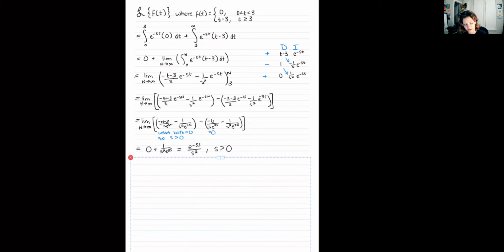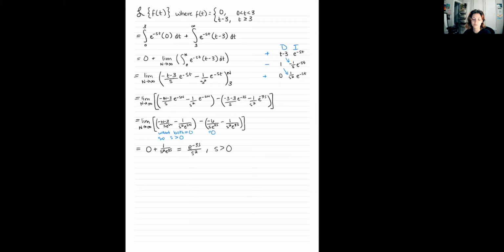And you can see that here. So that first part is just 0, and it's a minus negative 1 over s squared. So we have that. And then I just moved e back up to the top. The only caveat is that s must be greater than 0 for this to work, because again, if it's 0, then it doesn't work for us.